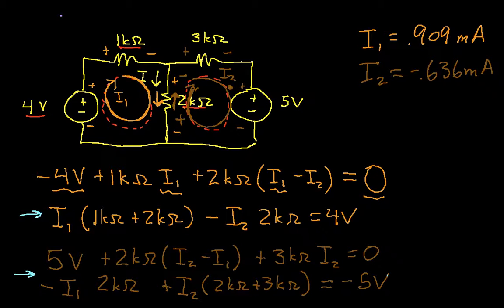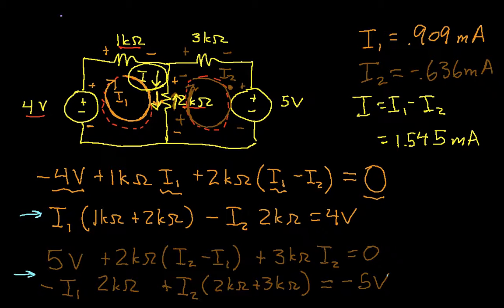So for example, in the original circuit I had drawn this I, and so if I want to find what that current is, well, I is equal to I1 minus I2, because I have an I1 going this direction, I2 going this direction, and so I could work that out and get that it is 1.545 milliamps, if I've worked that correctly.